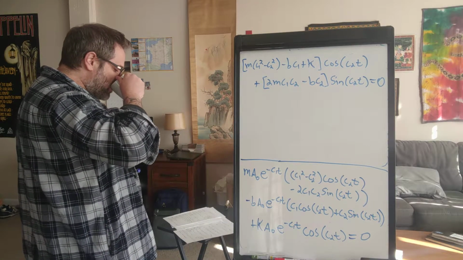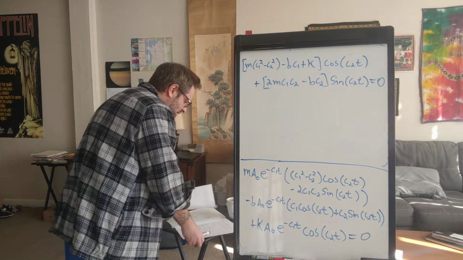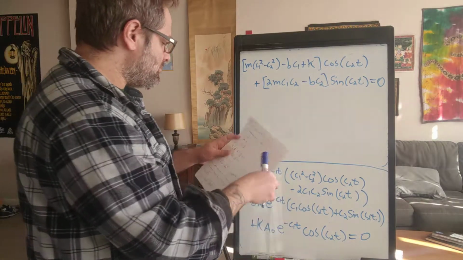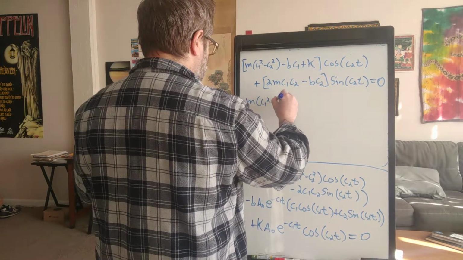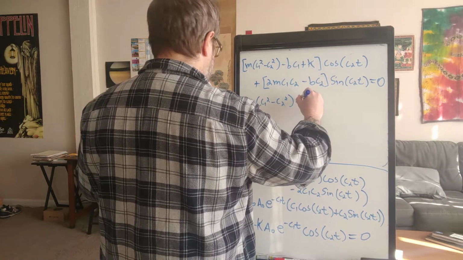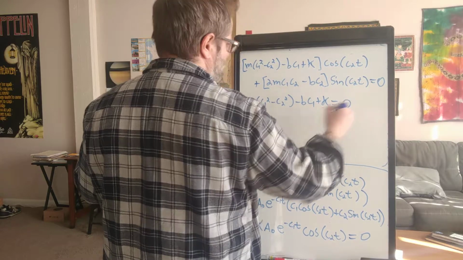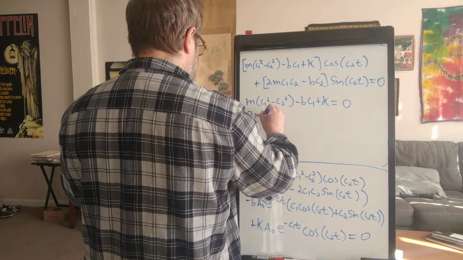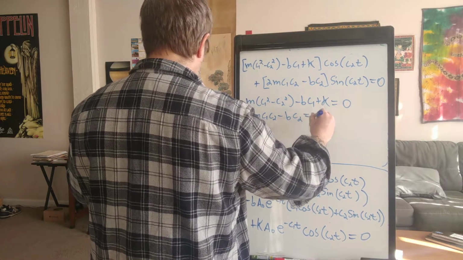So what we end up with now is m c1 squared minus c2 squared minus b c1 plus k equal to 0, and 2m c1 c2 minus b c2 equal to 0.